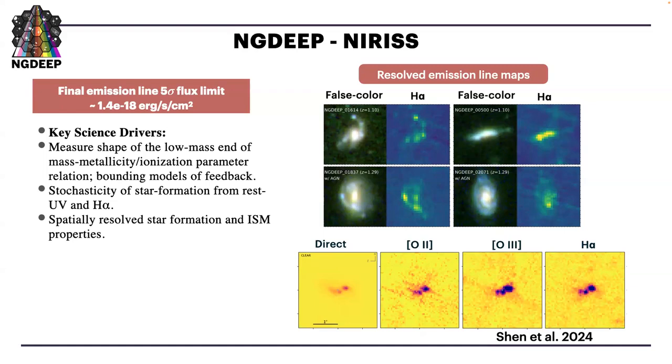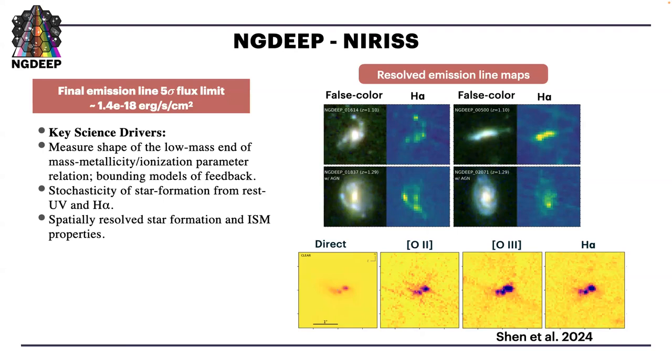This sample is really a great sample to study the low mass end of the mass-metallicity and mass-ionization parameter relations, and this will help us constrain feedback models. We are also able to measure star formation rates with the H-alpha emission lines and UV.